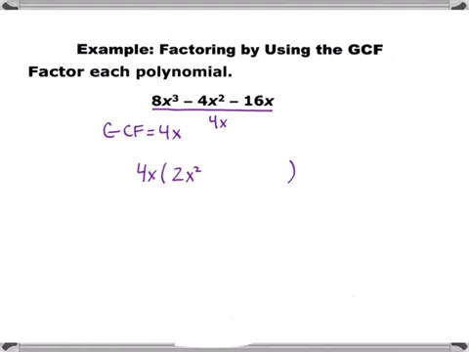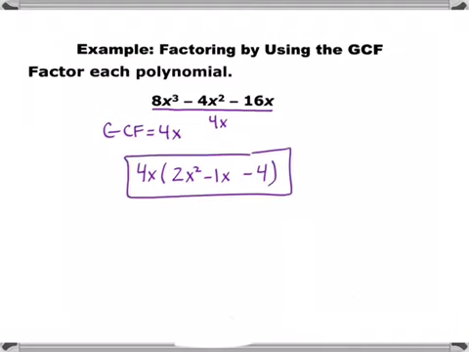Negative 4 divided by 4 is negative 1. x squared divided by x is just x. And then negative 16 divided by 4 is negative 4. And then x and x just cancel out. So our factored form becomes 4x times the quantity 2x squared minus x minus 4.